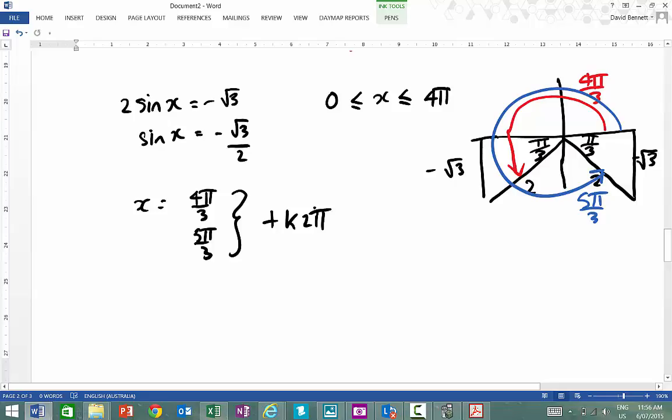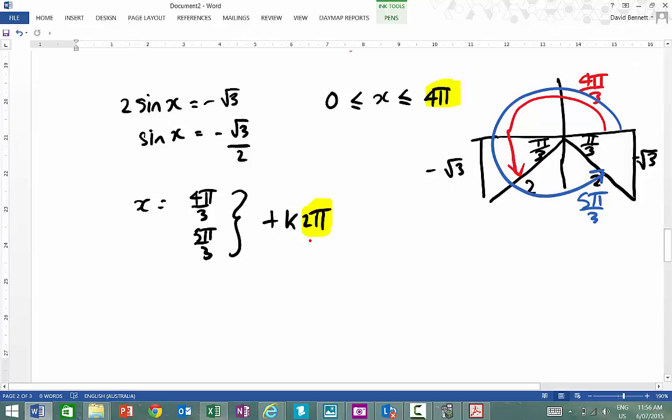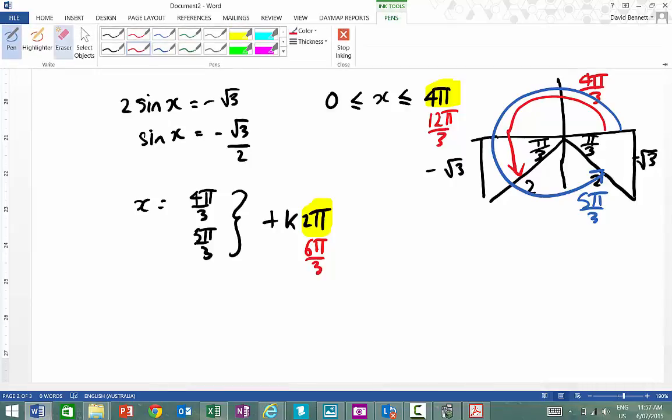So in this particular case, I quite like to think about that value in terms of pi's on 3's. Just makes life a bit easy for me. So that's actually 6 pi on 3 that I'm adding each time. Over here, that's going to be equal to 12 pi on 3, isn't it? 4 pi.